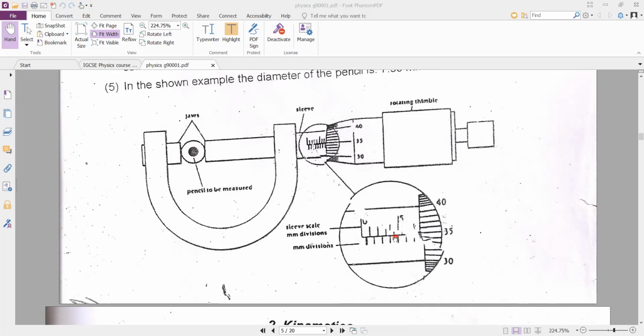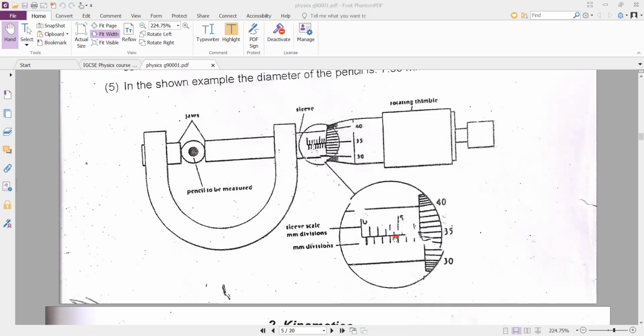What is the final reading? 2.83. You understand? We divided it into 3 sections. The part of the thimble and the part of the slave scale give the part of millimeter. The parts of millimeter we add together plus the main scale. Inshallah we will study more examples of this kind.